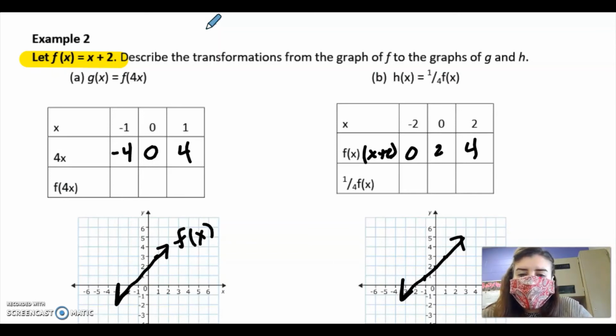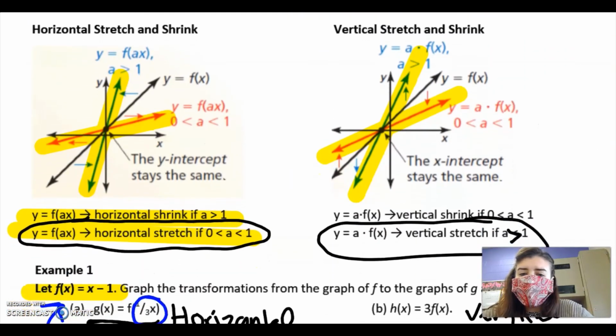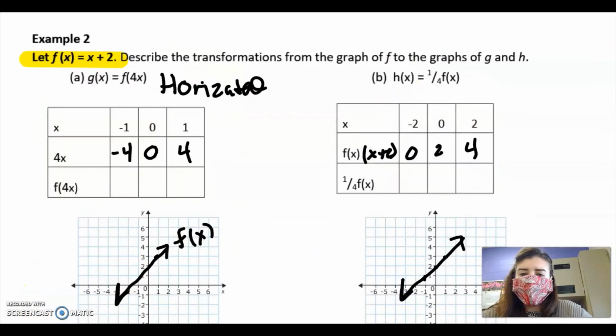It's stuck in there in the parentheses, so we know this is horizontal. And it is greater than 1. So what do we remember about that one? It is a horizontal, it's greater than 1. It is a shrink. So this is going to be a horizontal shrink.